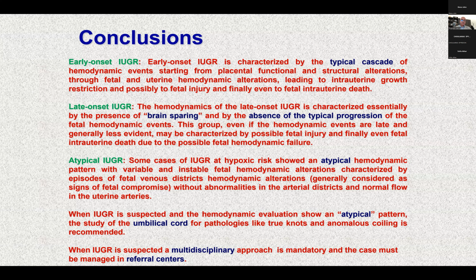And as I showed you, we may have also another scenario that I call atypical IUGR.